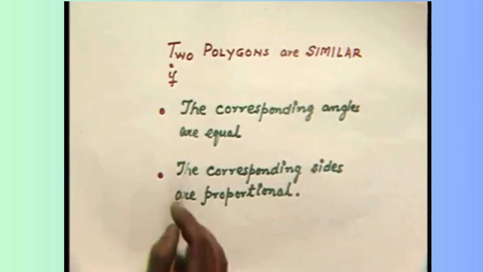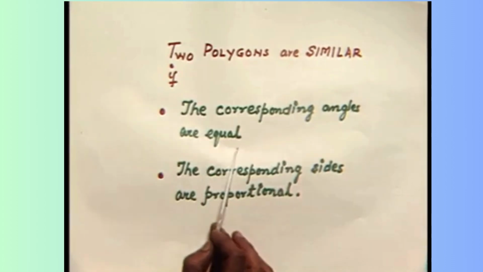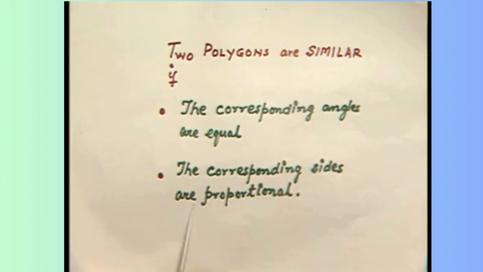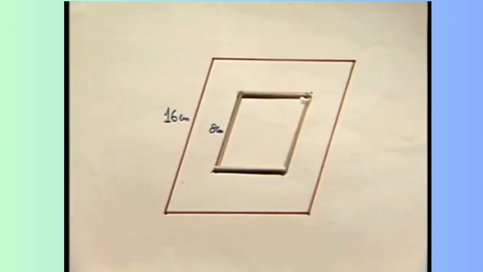So for that purpose, in case two polygons have to be similar, there are two conditions which must be satisfied simultaneously. The first condition being the corresponding angles of the polygons are equal and the corresponding sides should be proportional. So let's have a look at two rhombus.